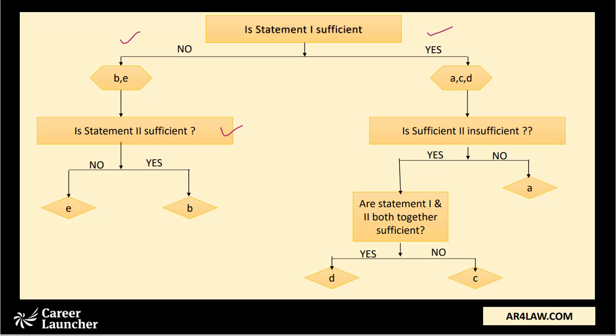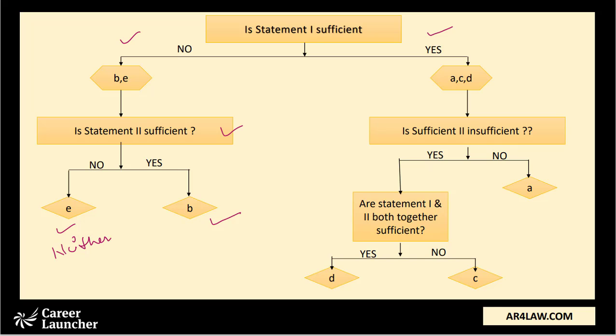If yes, we know statement 2 alone can give us an answer, and we'll go ahead and mark B. If no, that means statement 1 was not able to give us an answer, and statement 2 alone is also not able to give us an answer. So we would go ahead and mark E, that neither of the statements is able to give us an answer.